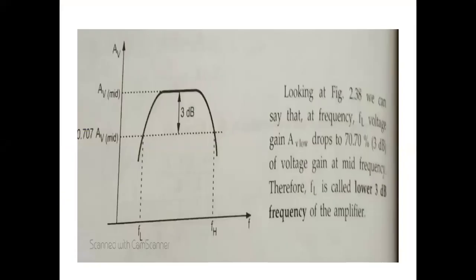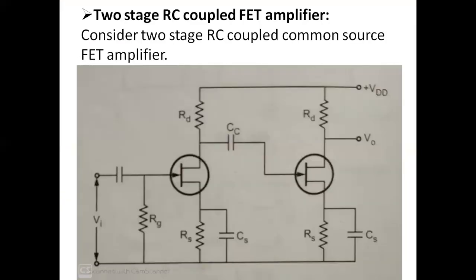Now we are going to analyze the two-stage RC coupled amplifier using FET transistors. Instead of normal transistors, we are placing FET transistors. In this case also we are taking two stages, that means two transistors, and these two stages are coupled by the use of RC coupling.